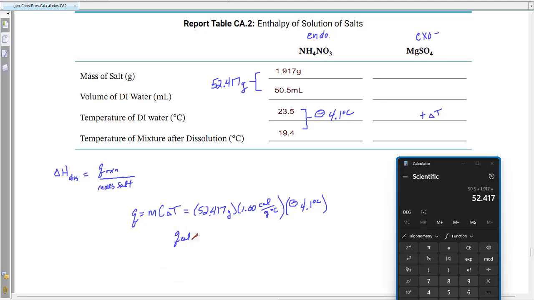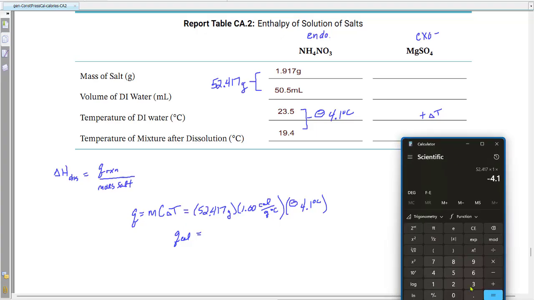So Q of the calorimeter now is 52 grams times that 1 specific heat times negative 4.1 gives me negative 214.9097. Units are calories.